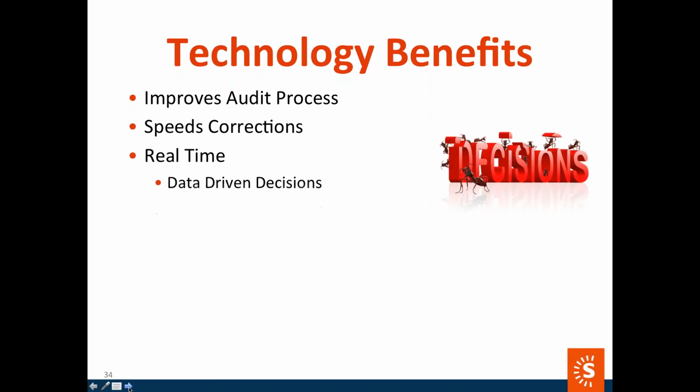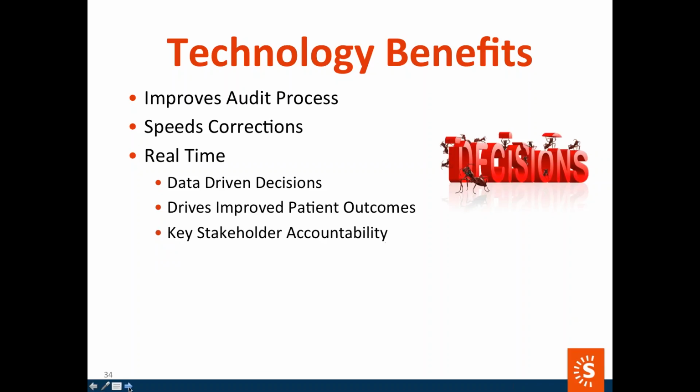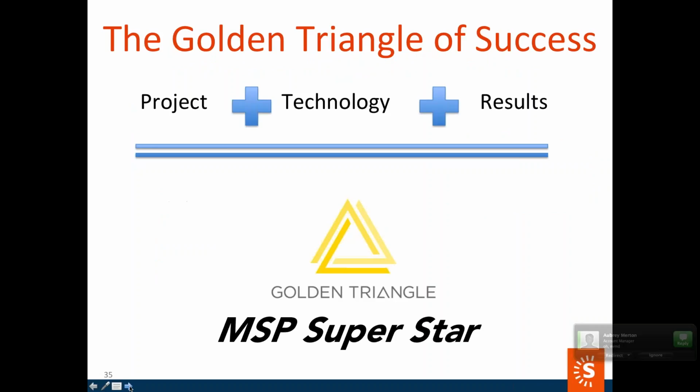This is priceless. This is your golden nugget. The project that you are responsible for managing, the technology that you're able to implement into those projects, and the results that you get, that truly is the triangle of success that's going to revalidate your level of competence.